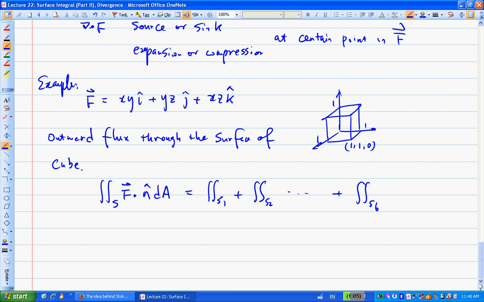Let's say, for example, I'm going to calculate the flux out of this bottom surface here. So let's say this is S1. For S1, what's the n hat?